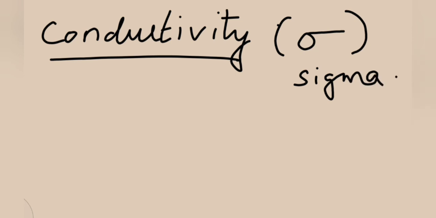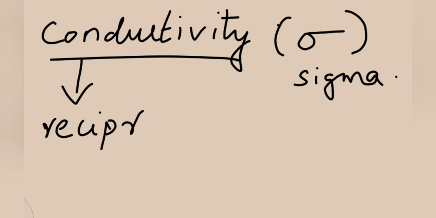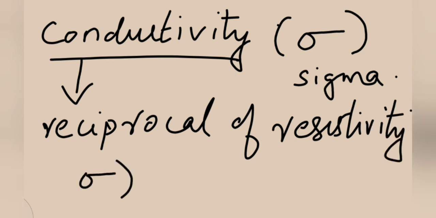So I can write conductivity is the reciprocal of resistivity, or in equation form, sigma. Sigma is the notation for conductivity.